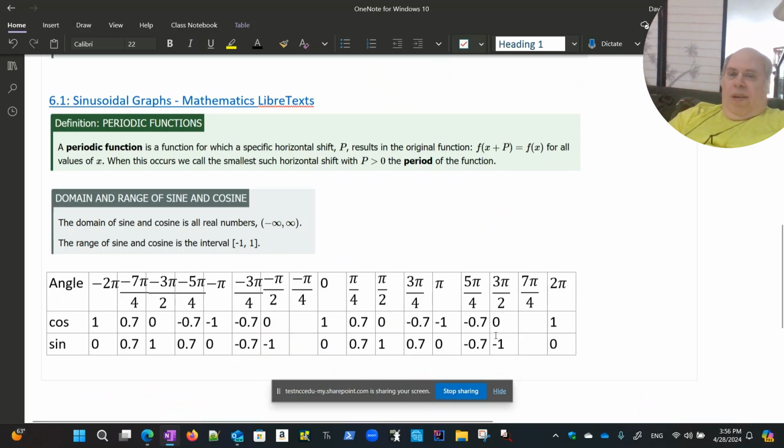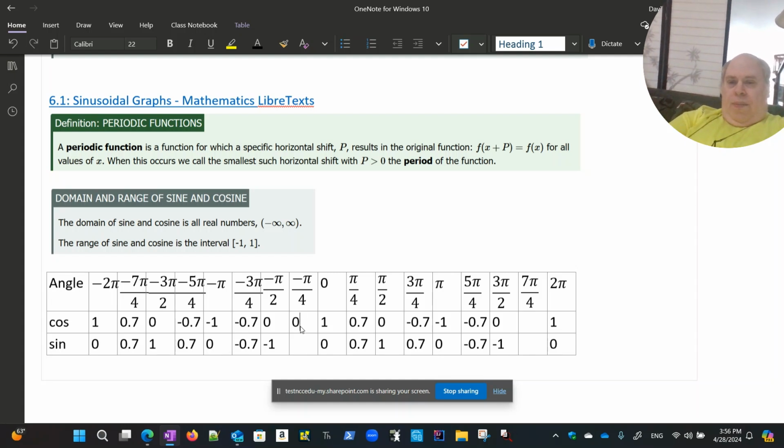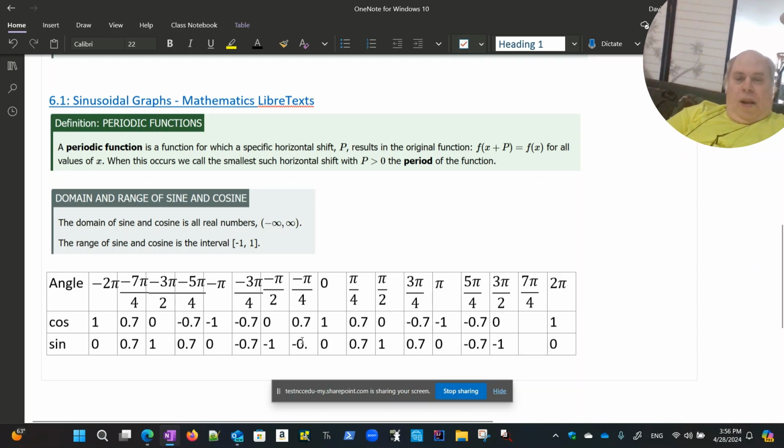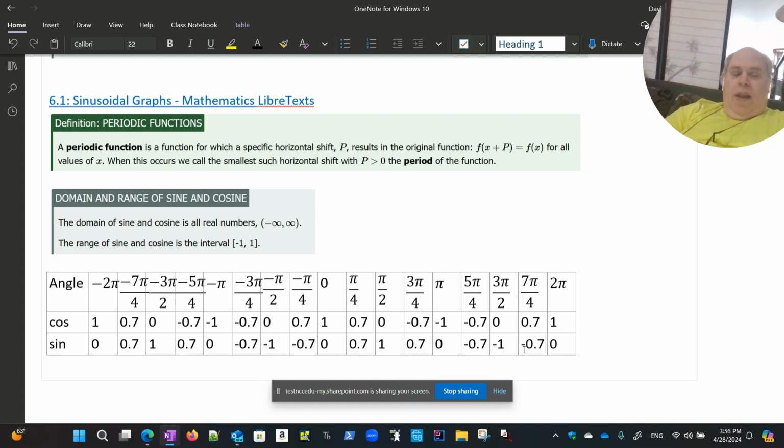So we have positive 0.7 and minus 0.7. And the same thing over here, positive 0.7 and negative 0.7. And that fills in this whole table going from minus 2 pi to 2 pi.